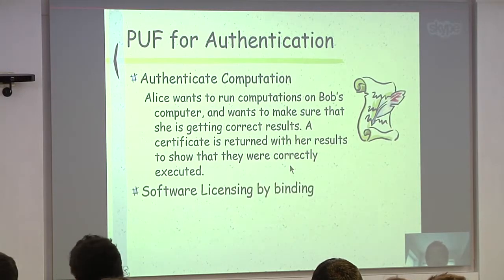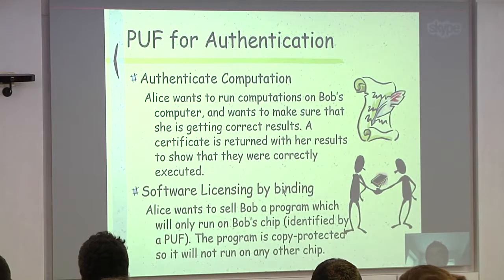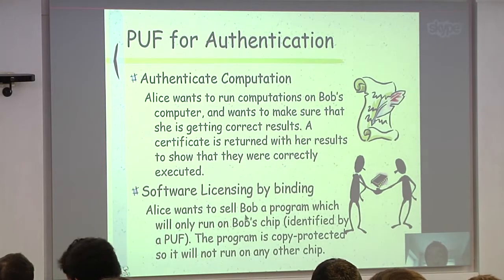This can also be used for software licensing, by binding the software to the hardware device. Basically, if Alice wants to send Bob a program, for example on Bob's cell phone, Alice doesn't want Bob to send this program to all his friends so they can play on their cell phones.